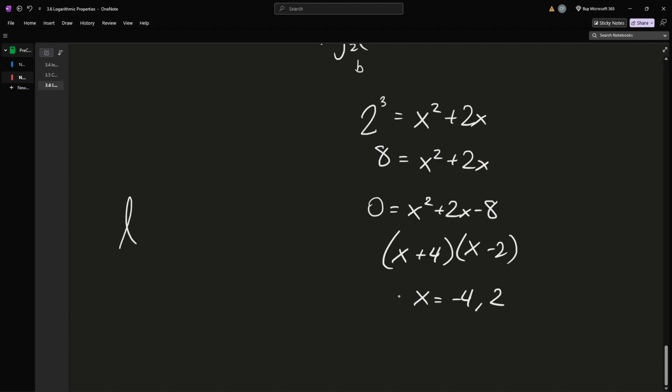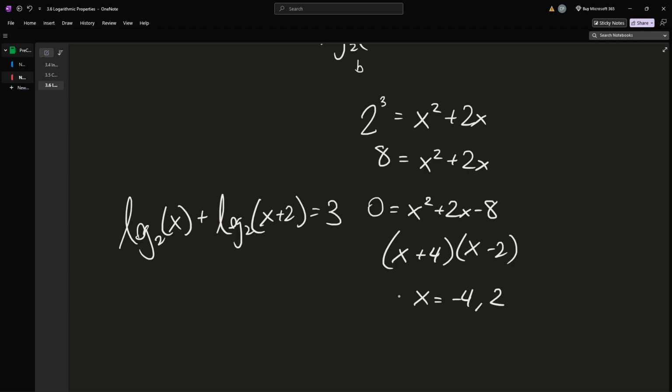So my original function was log base 2 of x plus log base 2 of x plus 2 equals 3. If I have x equals negative 4, is that possible? Can you do log base 2 of negative 4?